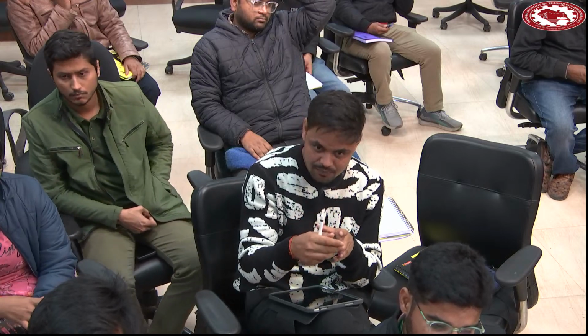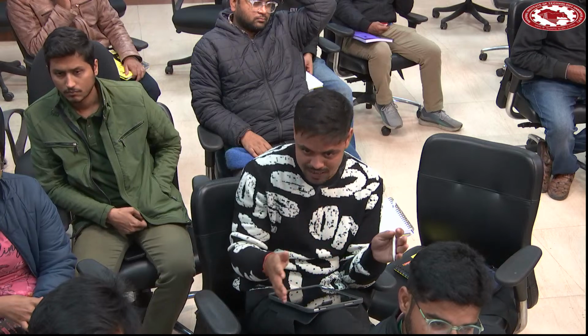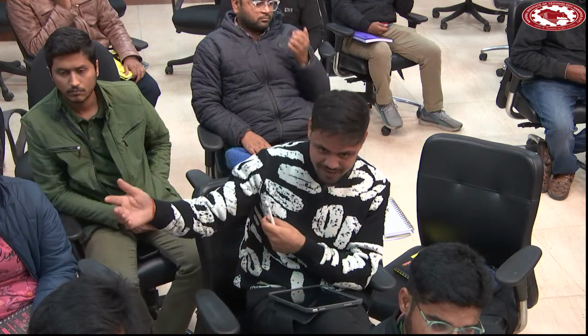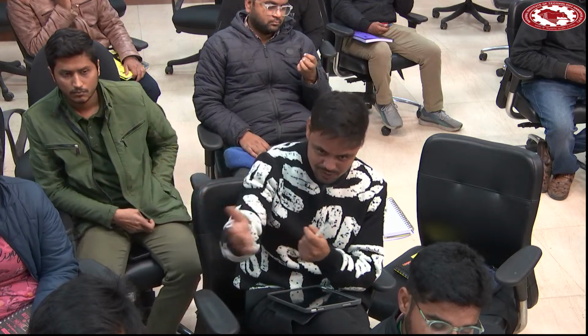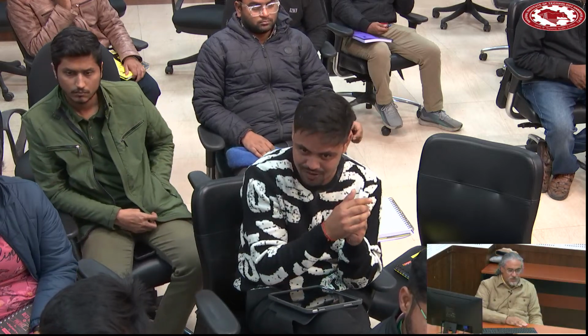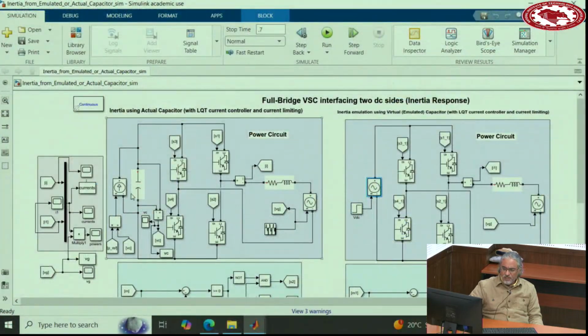The second option is you can have a PESS to support that DC link in the tough time of the grid, to support this virtual inertia. So at that time this PESS connection will be working together, when the DC link is going down and is not capable, so that it can support. Right. So he's saying that we can have a small capacitor here and we can add a battery to it.